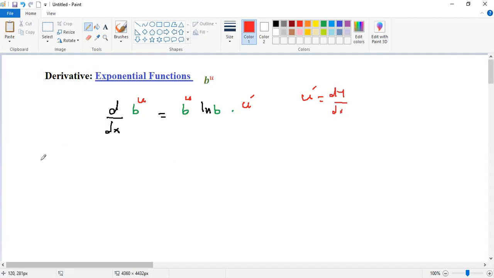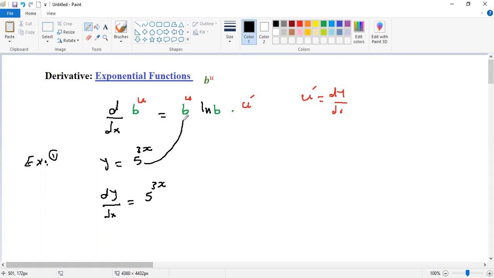Okay, now example number one. Let's say y equals 5 to the power 3x. Find the derivative dy/dx. Write it first, 5 to the power 3x.